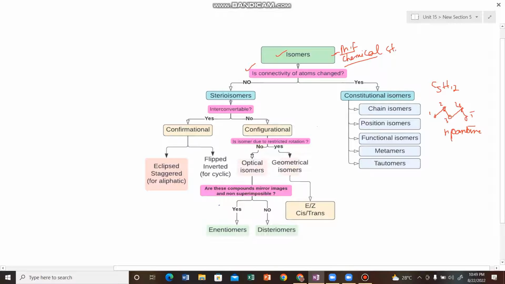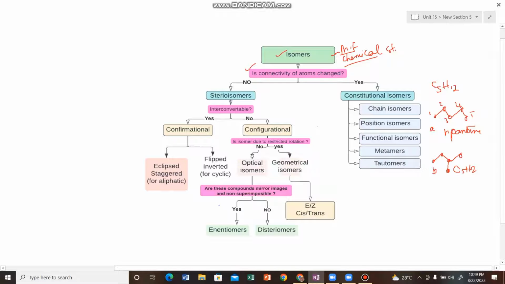But if I want to change the connectivity, I can place 4 carbons in a chain, 1 2 3 and 4, and the 5th one I am going to connect with the second carbon. So it is now with the same molecular formula C5H12, but the connectivity of atoms is different.